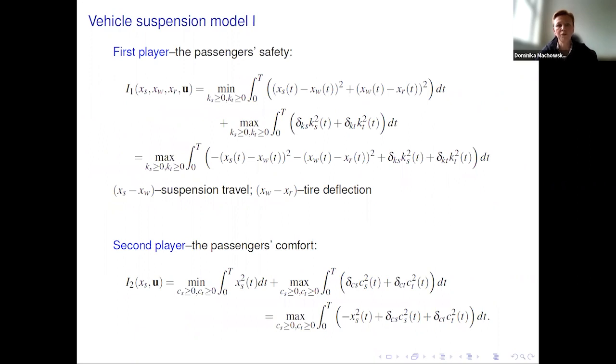And that's why we have 2 players. The goal of the first player is the passenger safety. How do we define the safety? We minimize the suspension travel, which means we minimize the vibration of the car body and the tire.